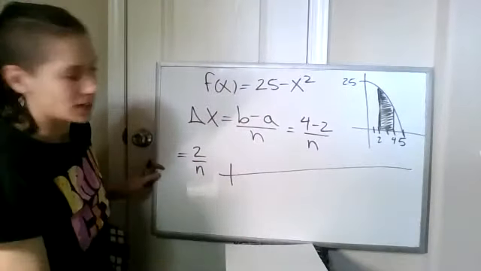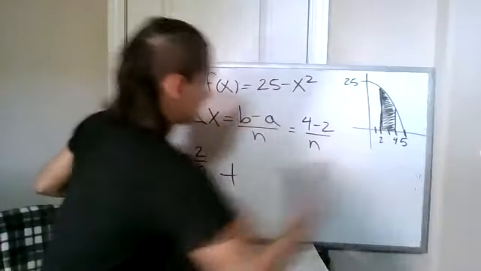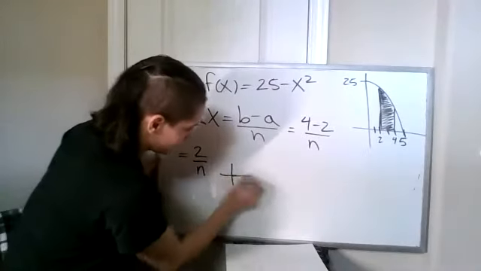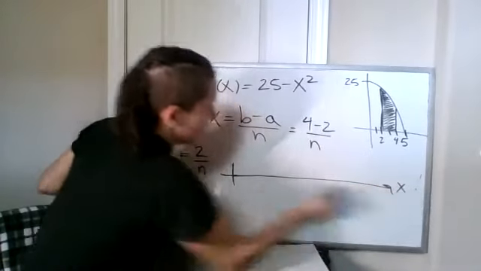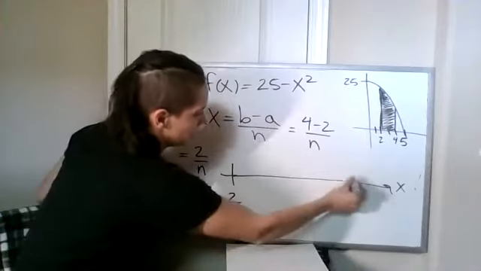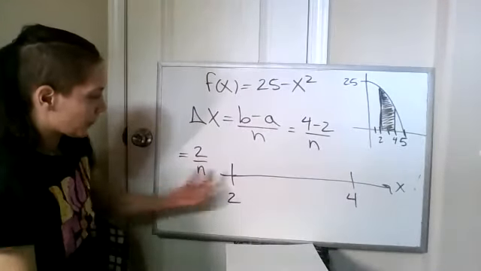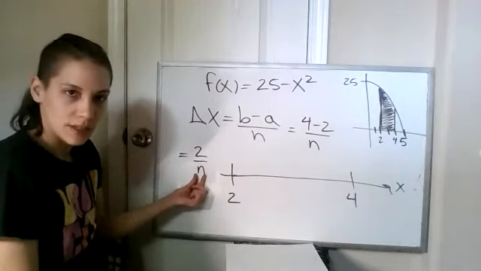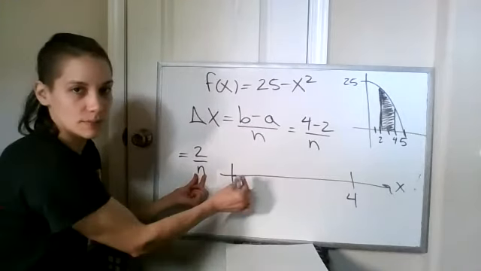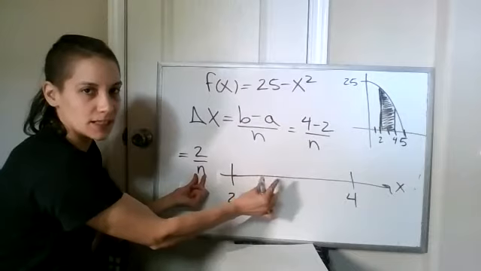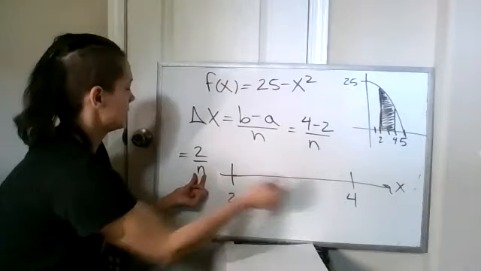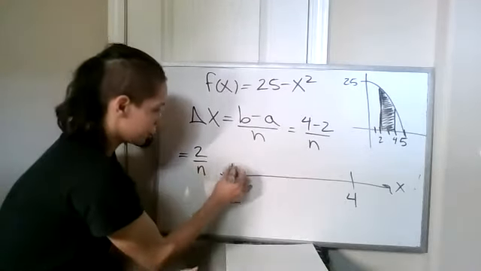So I'm just trying to draw an x-axis. And I want x naught to be 2. So you start at 2 and add delta x, and another delta x, and another delta x. So add 2 over n.